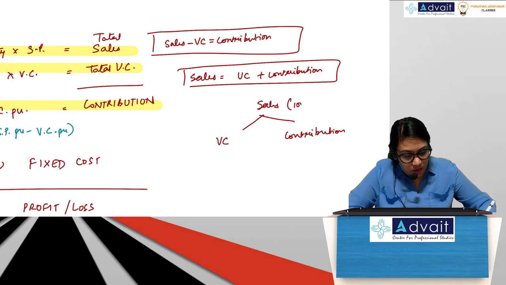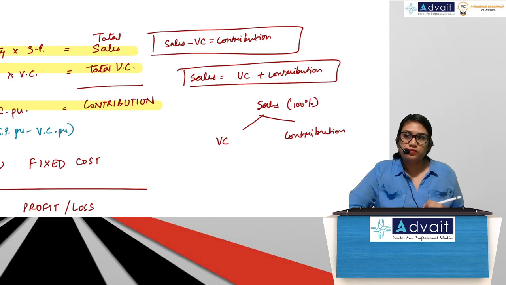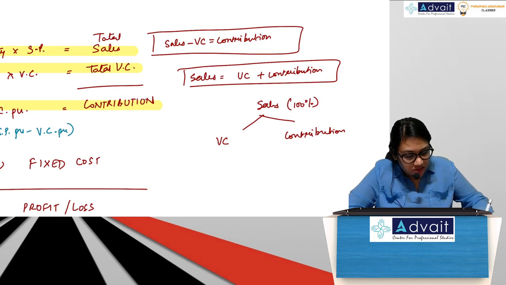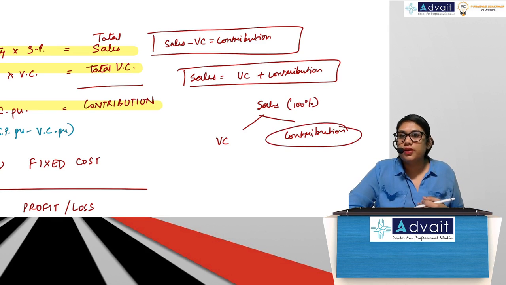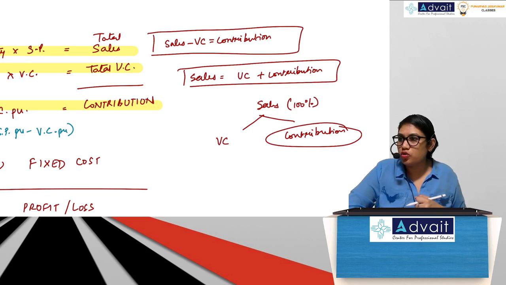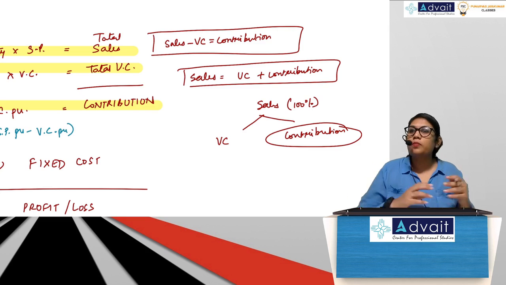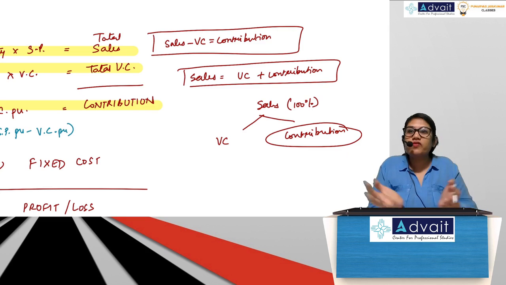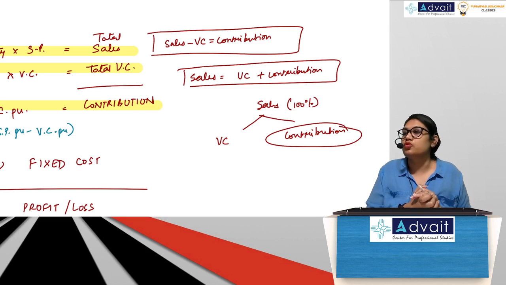So if this were 100%, what percentage of sales is contribution? That is your PV ratio, profit volume ratio. So if sales is 100%, what percentage of that 100% is contribution?